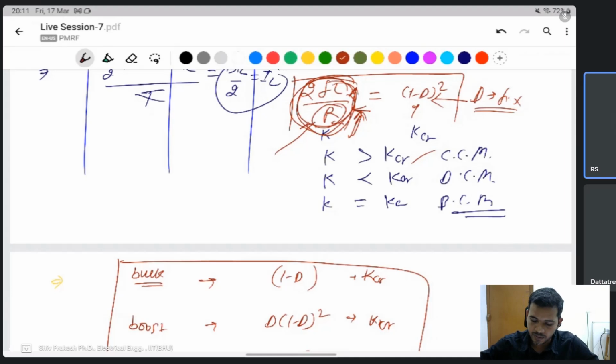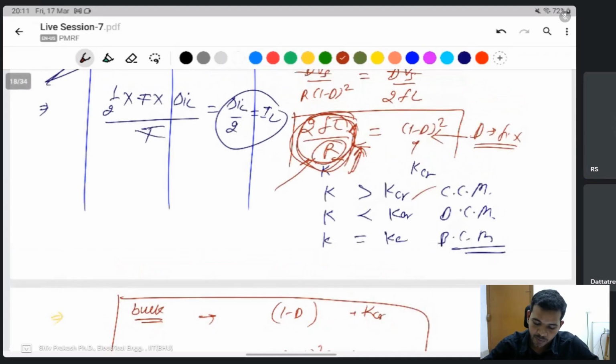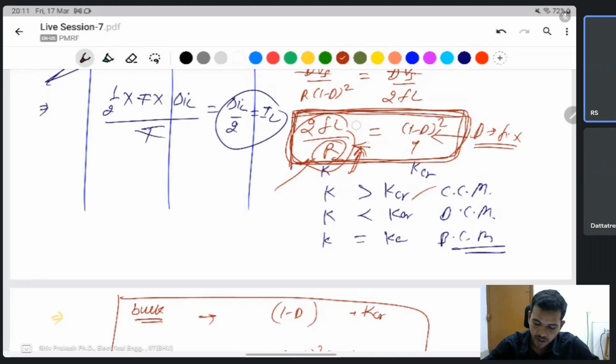But if you design a converter, the first thing is to determine whether it is CCM or DCM, according to the load condition, and L and F also.